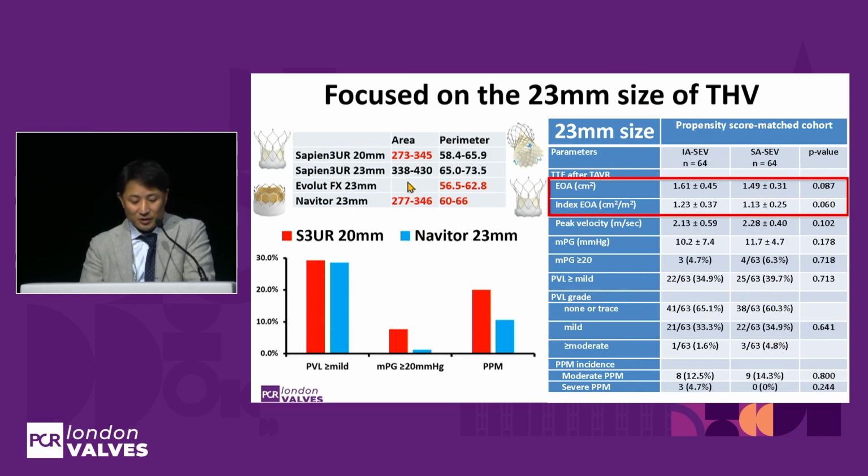For example, this patient has 277 millimeters squared. So the competitor of the Navitor 23 is not a 23 balloon expandable valve. Its competitor is the 20 balloon expandable valve. And the competitor of the 23 intraannular design is the supraannular design 23. We focused on the 20 balloon expandable and 23 Navitor valve.